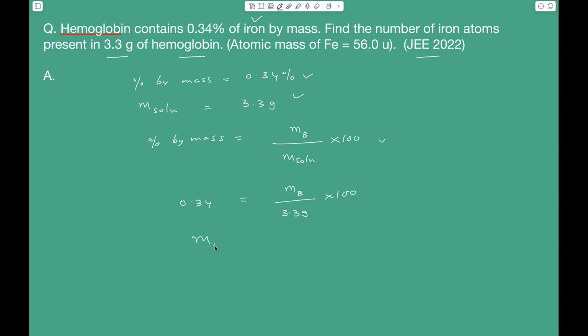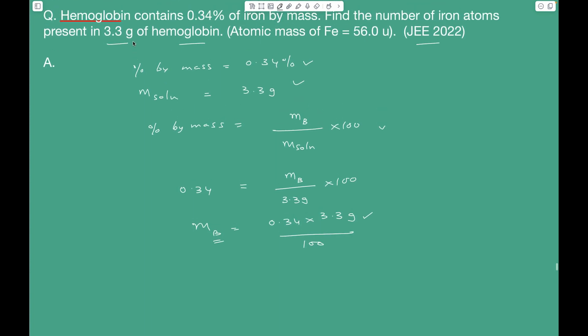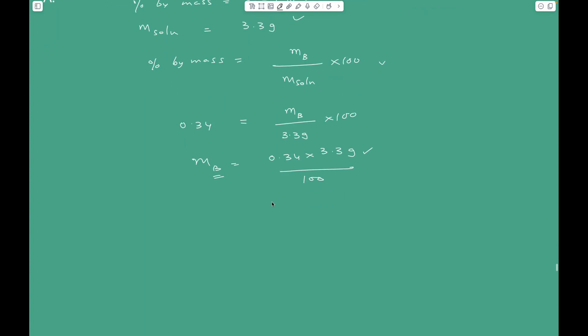Then MB will be equal to 0.34 multiplied with 3.3 grams over 100. Simplify this to get the mass of iron in grams. This is the mass of iron present in 3.3 grams of hemoglobin.